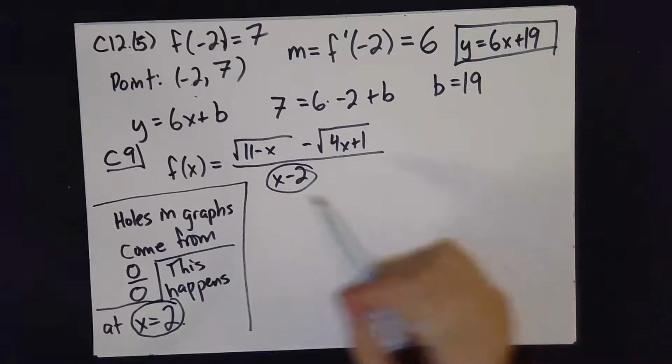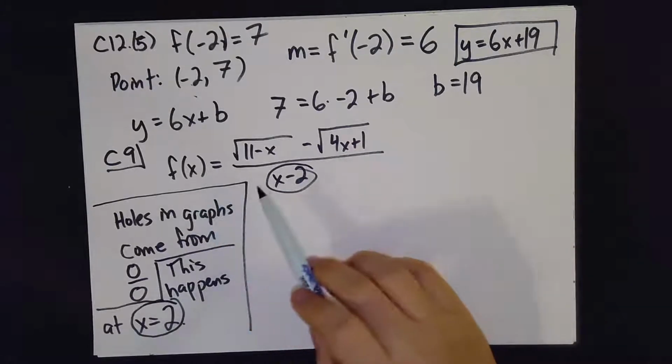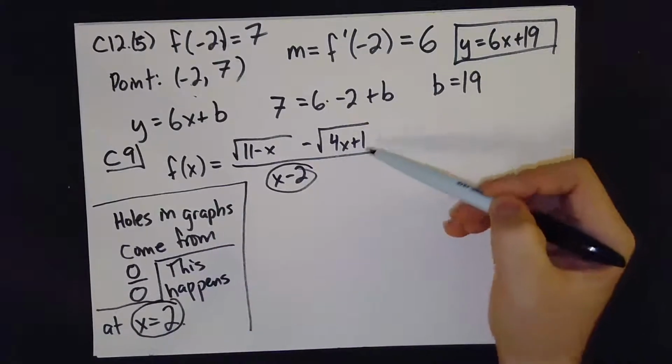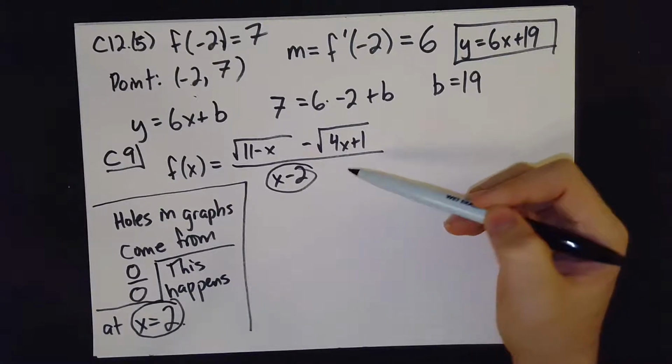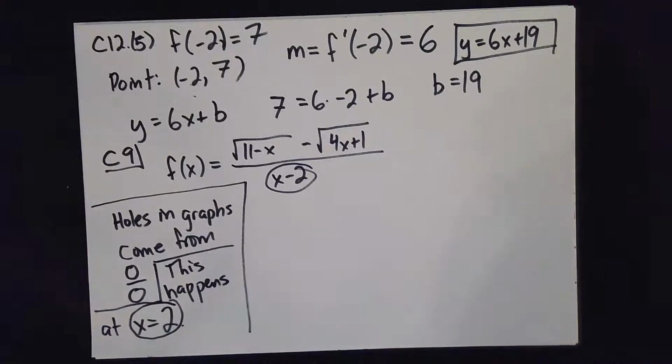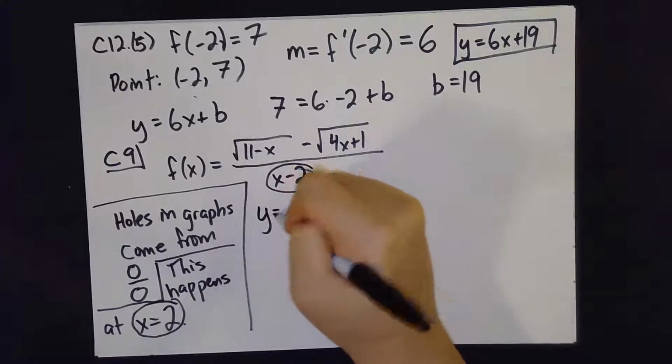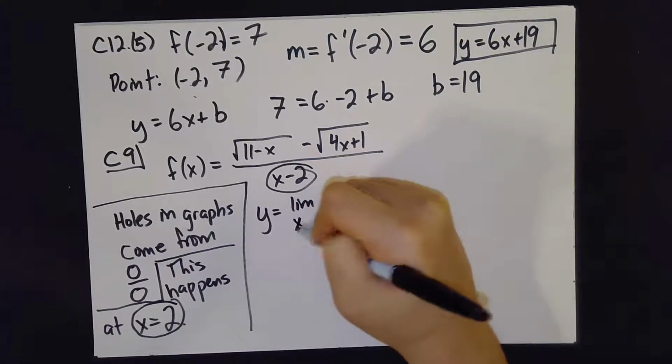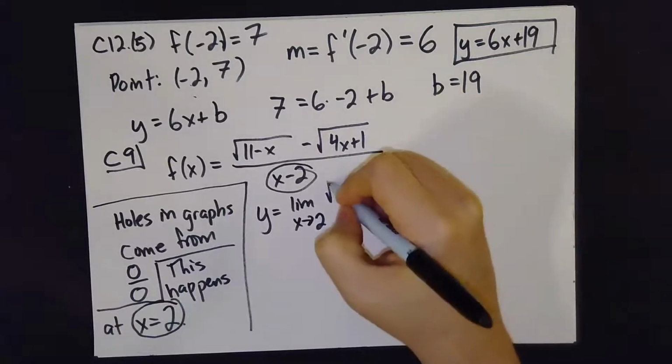So namely, if I did plug in 2 to this function, I would literally get 0 over 0. Okay. So that's the x-coordinate of the point. How do I get the y-coordinate of the point? Well, I get the y-coordinate of the point by using limits. Namely, the y-coordinate here is going to be the limit as x goes to 2 of this thing.